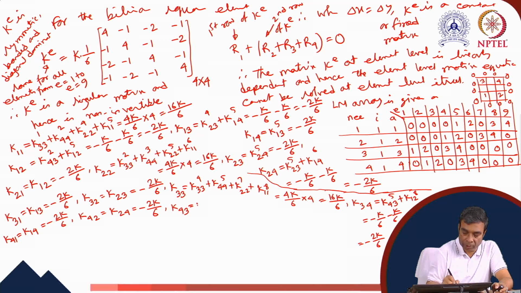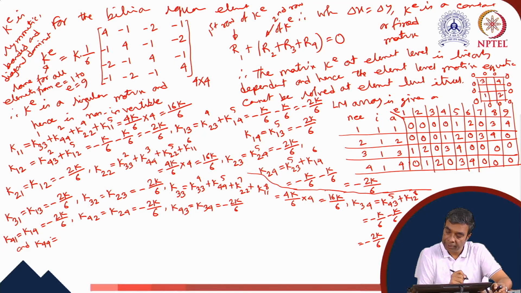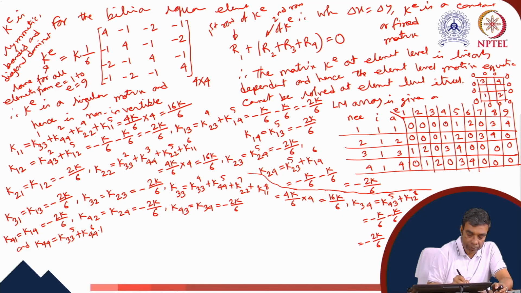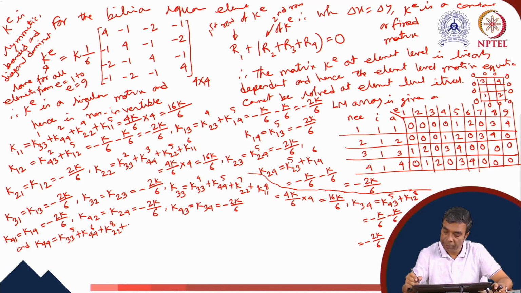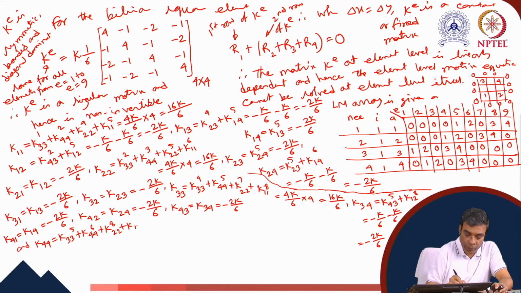K43 equals K34 equals minus 2K by 6, and K44, the last term, is K^3_35 plus K^4_46 plus K^8_22 plus K^9_11.